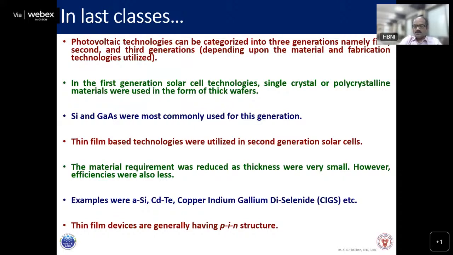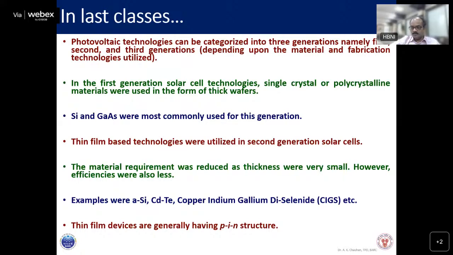PIN structure means an intrinsic semiconducting thin film is sandwiched between P-type and N-type materials. This P and N type of structures provide a built-in potential, which is used to drive the electron and hole pair from one place to another.